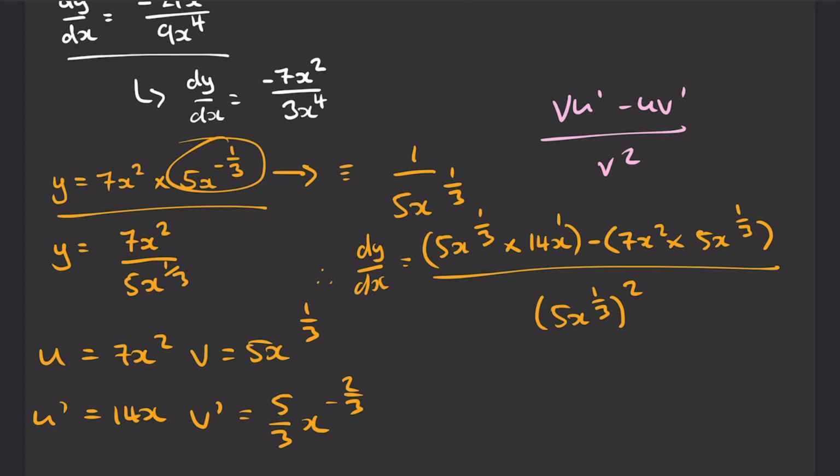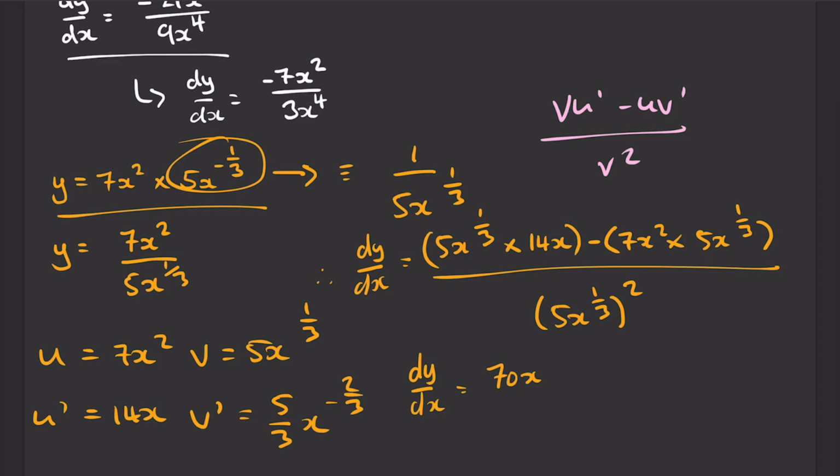So we have dy by dx equals, just taking the first part, we'll do 5 times 14, which is 70, and adding the x's together because they're like terms, so you can add the powers together.